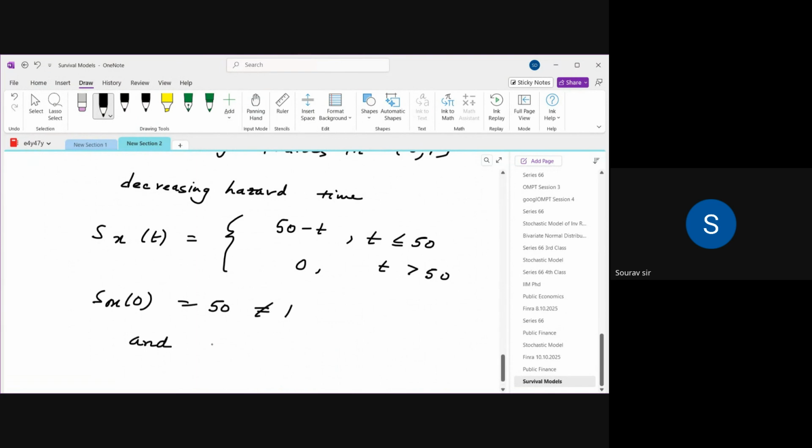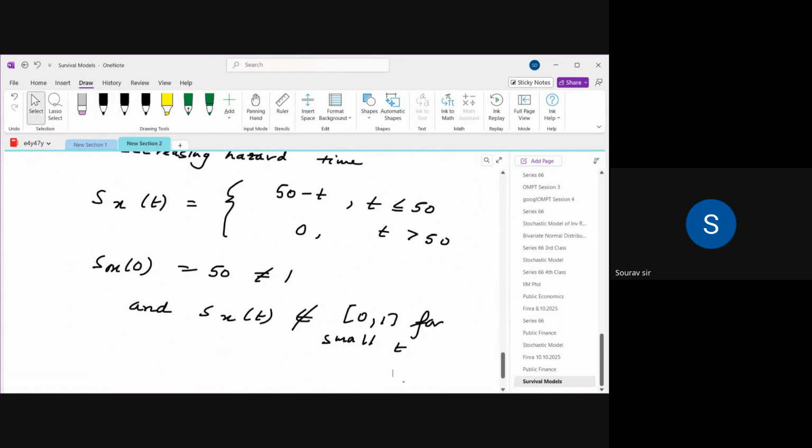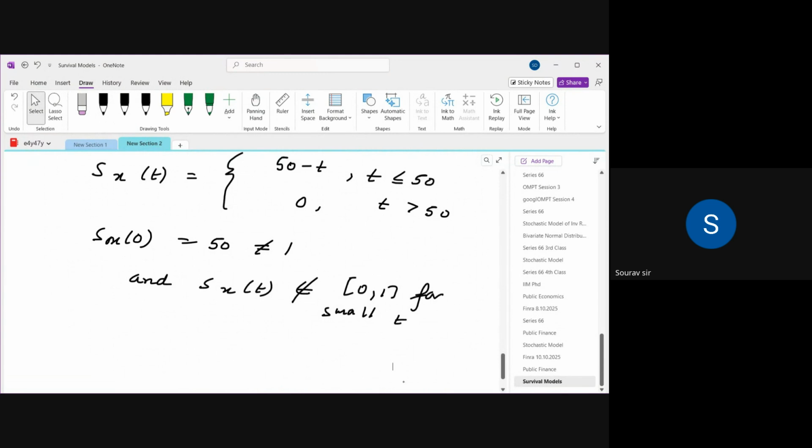S_x(t) is in [0, 1] for small t. So it is non-increasing and hits 0 at t equal to 50. But it fails the normalization.